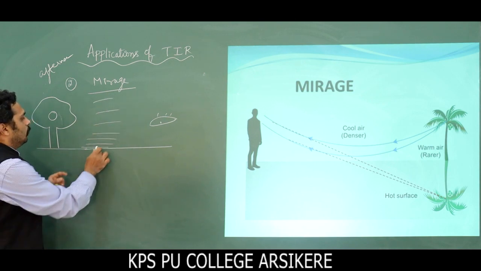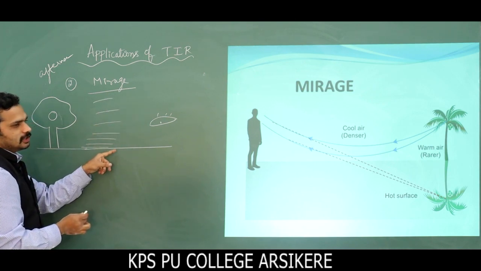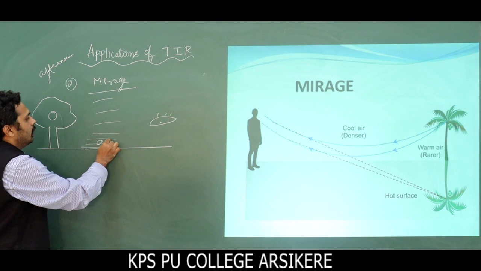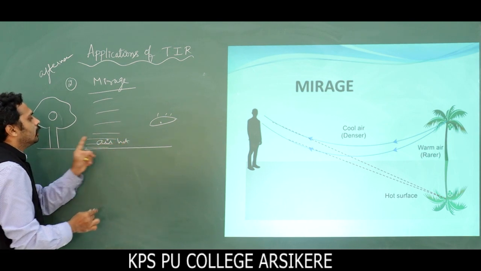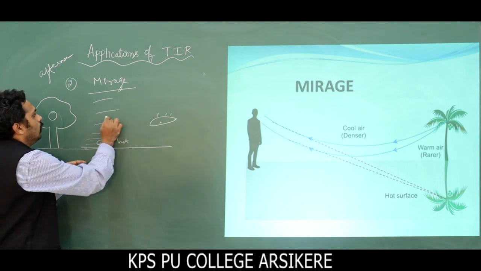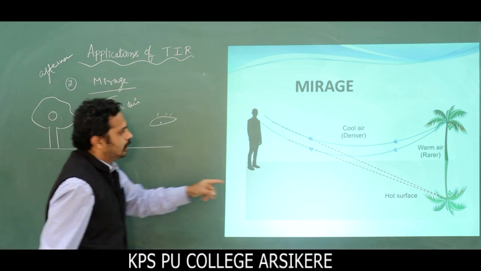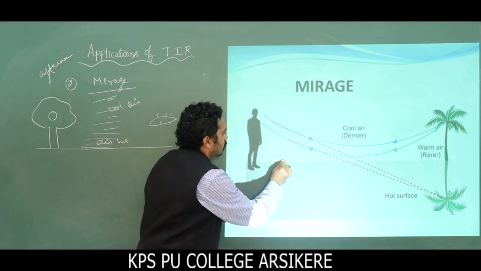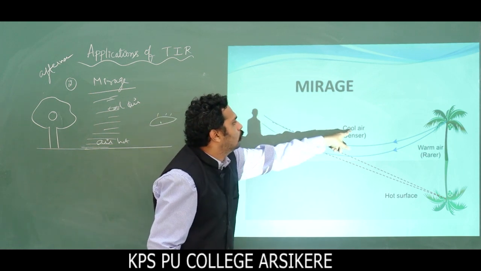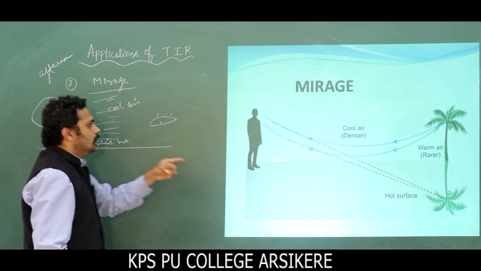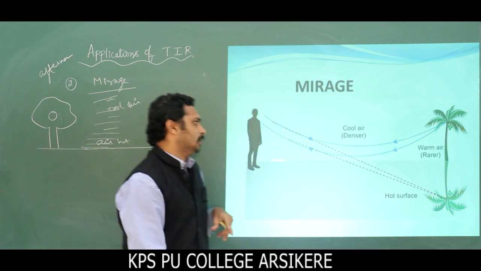Above the earth's surface, the air is hot. If you go above and above, you get cool air. Hot air is also called warm air.